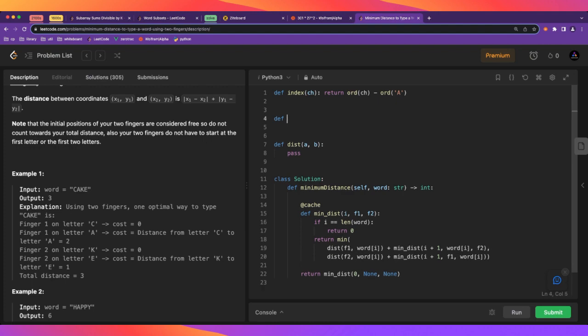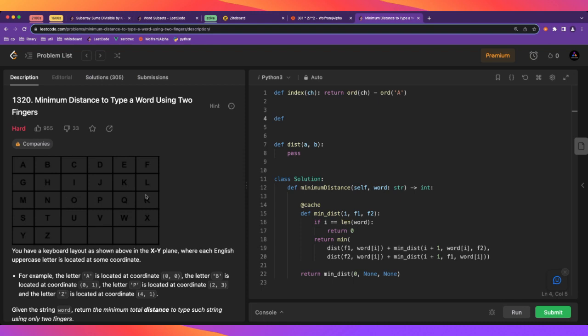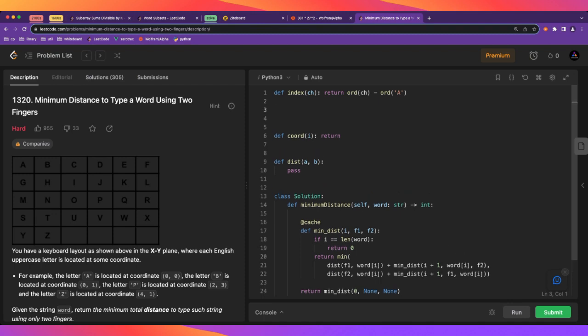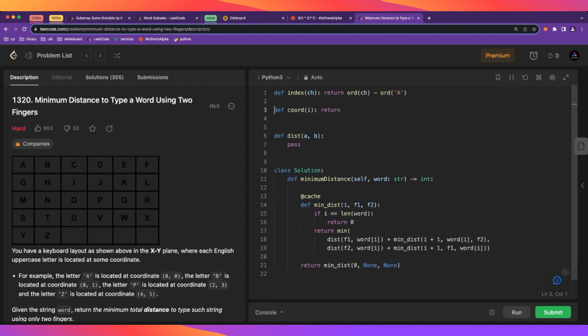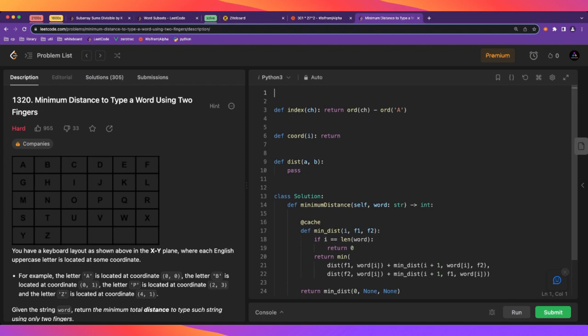Then we want to change from 1 dimension into 2 dimensions, into coordinates on this keyboard. So let's write another helper that, given a 1-dimensional index, is going to give us the coordinates. Notice that this only depends on the number of columns of the keyboard, which is 6.